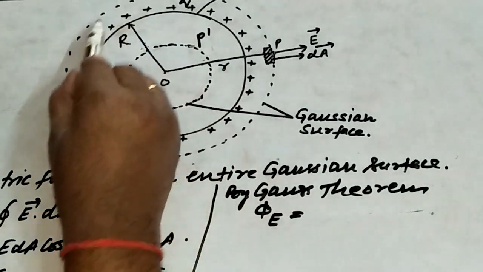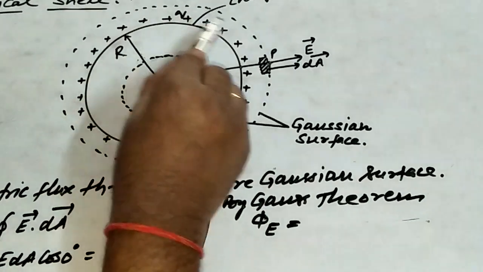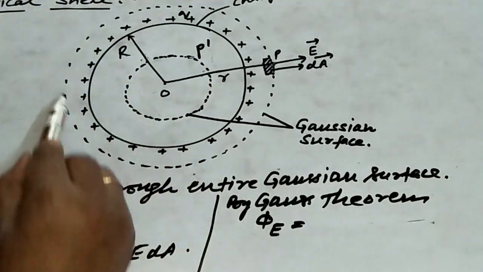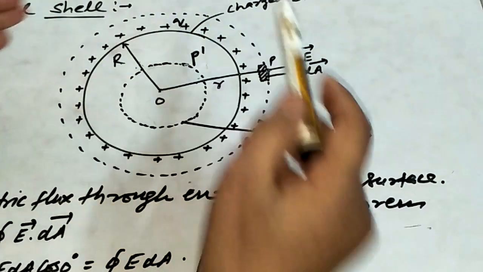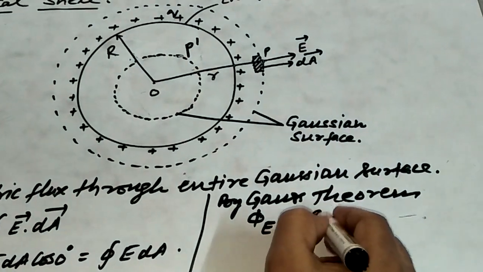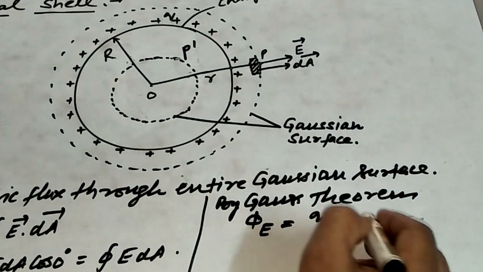And what is the charge on this spherical cell? Q. So you can say this Gaussian surface encloses the charge Q inside it. So you can say phi E is equal to Q upon epsilon naught.